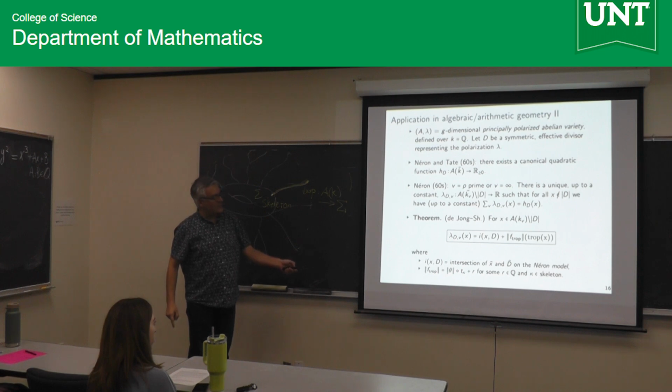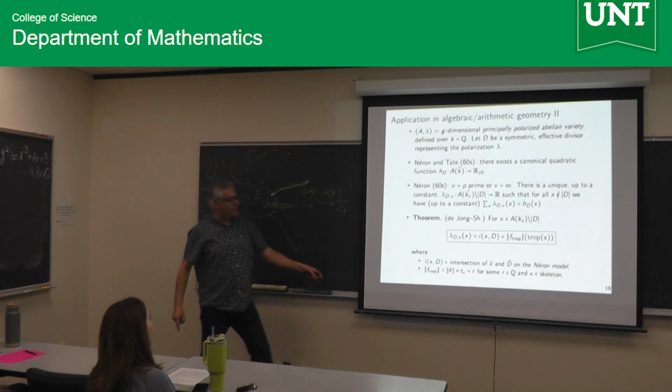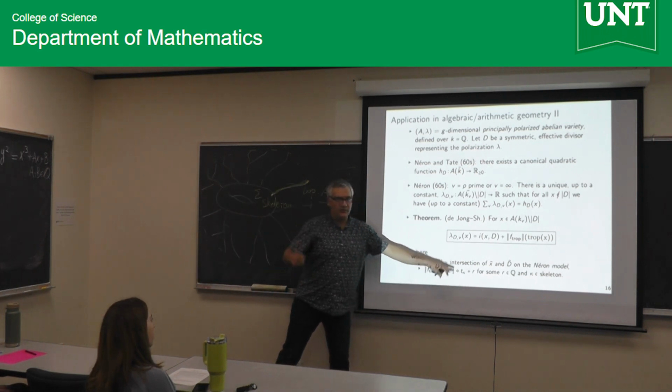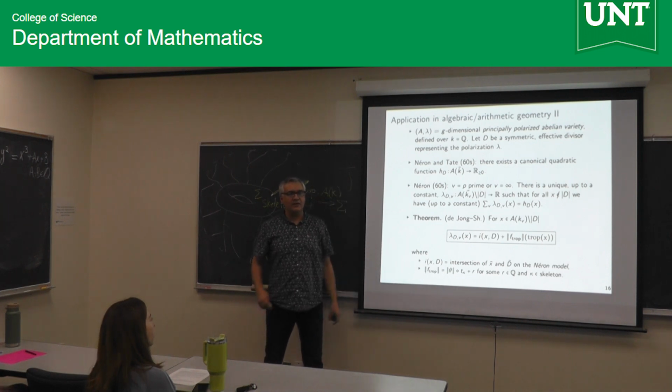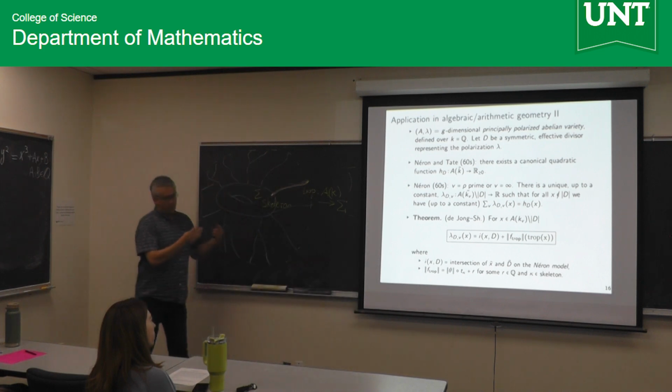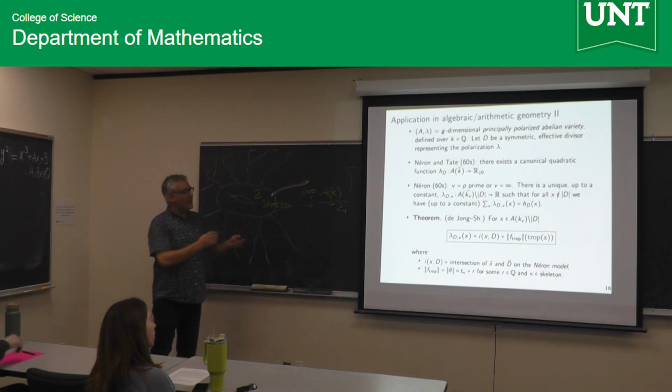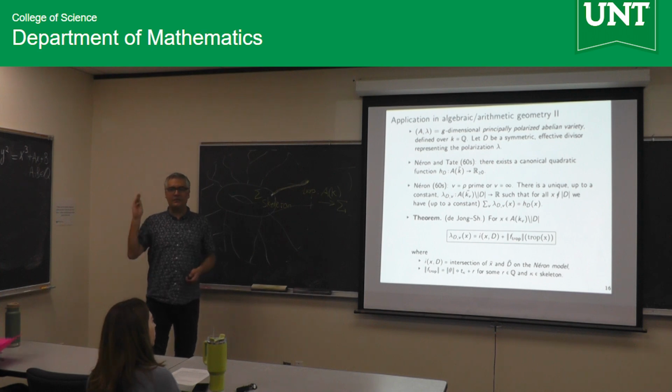This f-trop is essentially that closest lattice point function I was talking about, up to a shift and a constant. This is a shift, this is some universal constant. It's just that weird norm of theta function that I was saying, find the closest lattice point. So in fancy terms, the local canonical height can be computed in terms of some intersection-theoretic Néron model term, which is the first term, plus that very concrete quantization number.